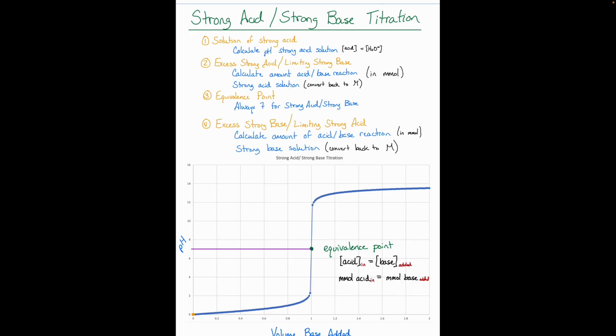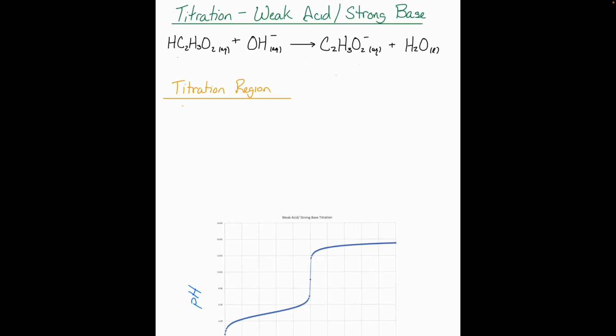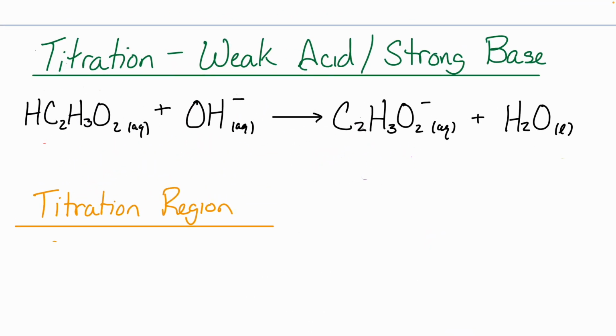Now we're going to go on and talk about a weak acid strong base titration. So I'm going to take some weak acid, and I'm going to titrate in my strong base hydroxide. I'll get my conjugate base and my conjugate acid of water here.